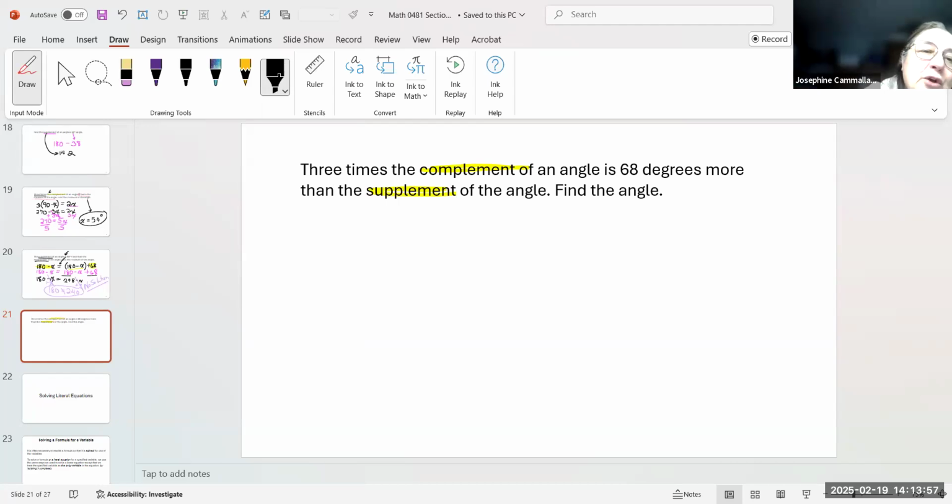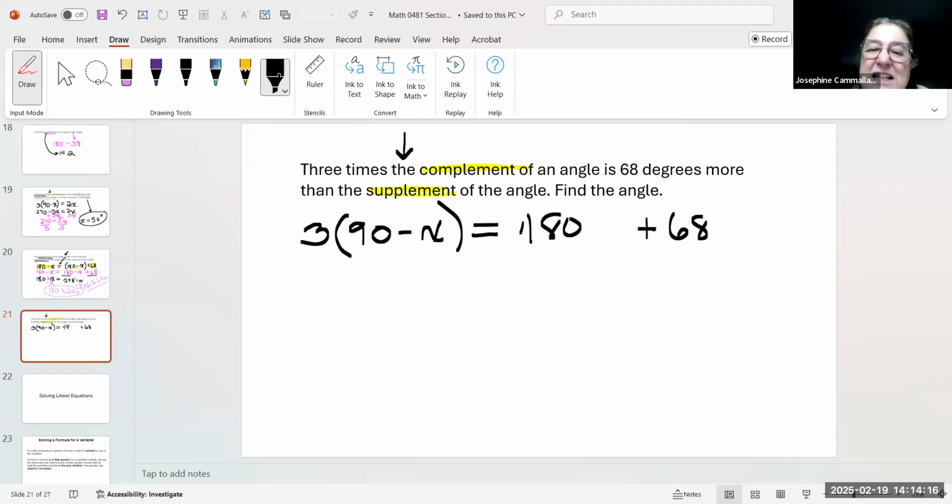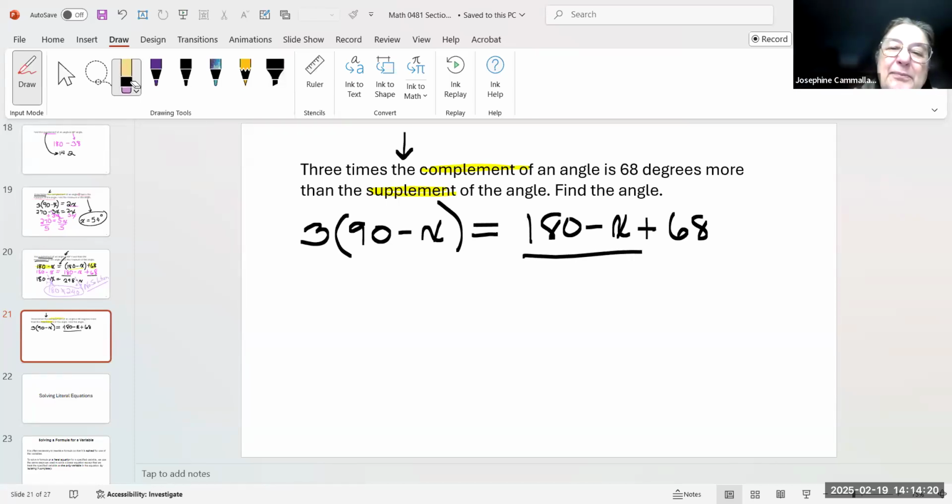This should give me 3 times, see that little word the? Now the complement this time is 90 minus x is 68 more than the supplement. And remember, this is my supplement. Slightly different. Well, does this problem have an answer?